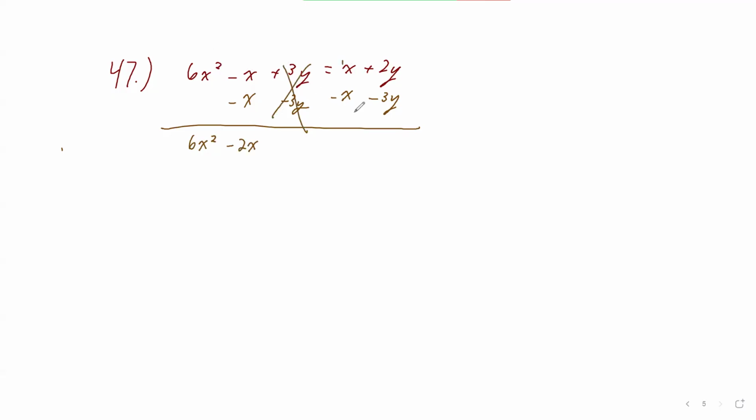This would go away. This would go away. Equals negative y. So if negative y equals this, I can divide or multiply everything by -1. And now I would get negative 6x squared plus 2x equals positive y.